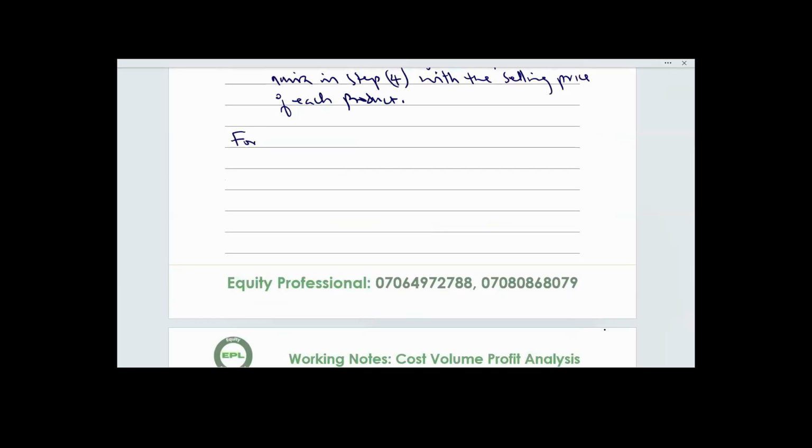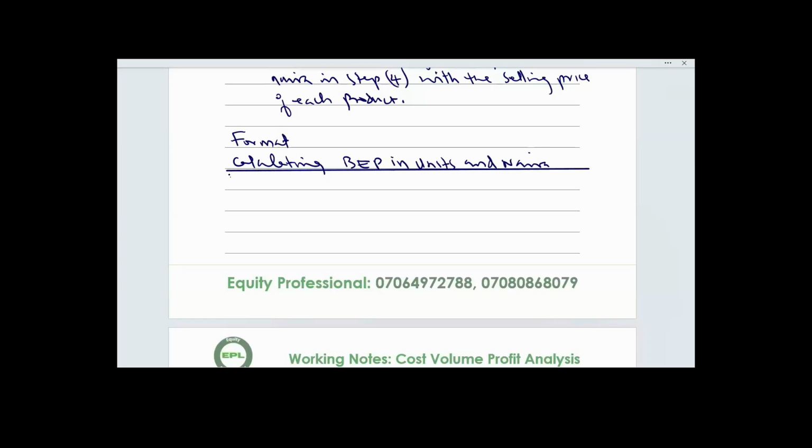Whenever you are asked to calculate break-even points in units and in Naira, you are going to use this format.